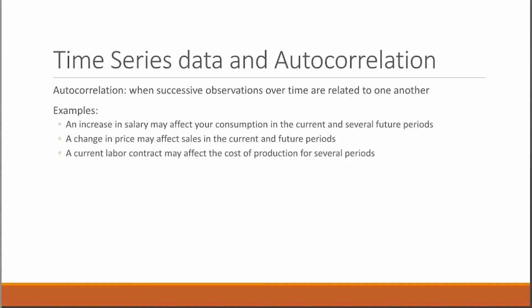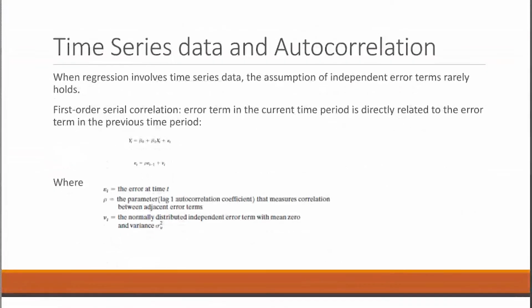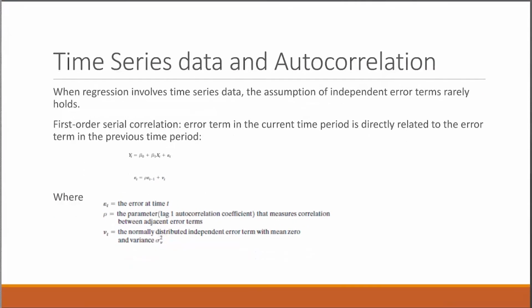When we have such data and run regression analysis, it turns out it's not as easy as what we did before, either multiple linear regression or simple linear regression. A big assumption is that the error terms are independent.